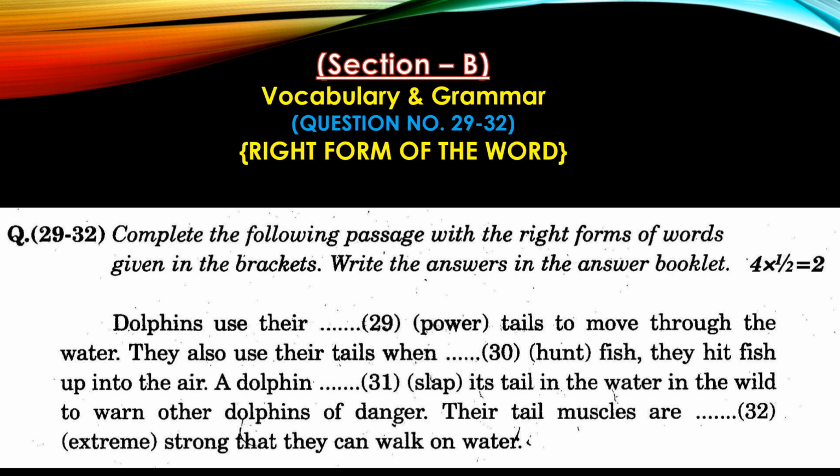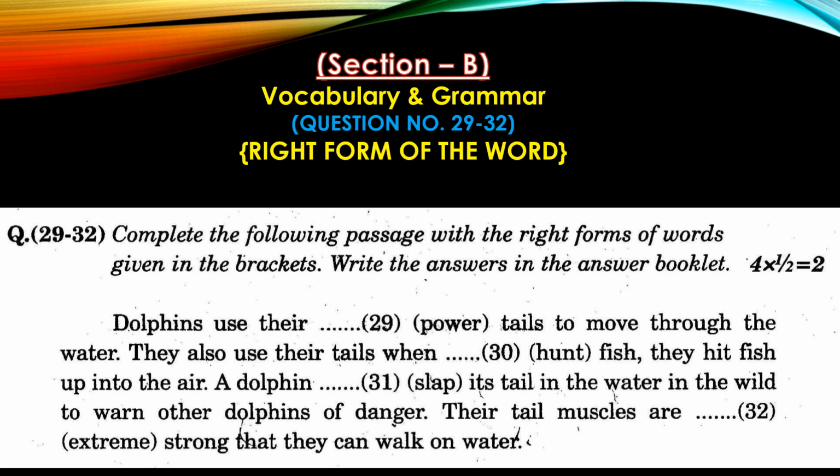So here they are asking for the right form of the word. This word may be powerful, powerless, likewise. So which form is correct or suitable for this particular blank? Just think over that word, that is the root word. You can write the suitable word in that given blank.